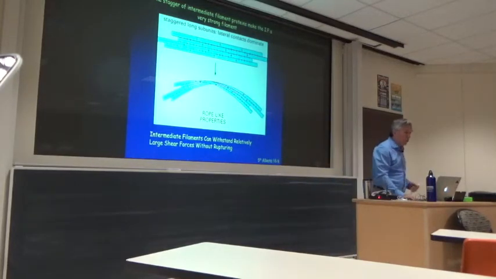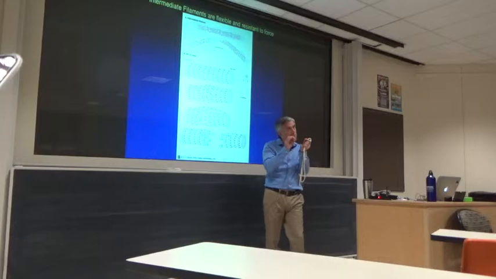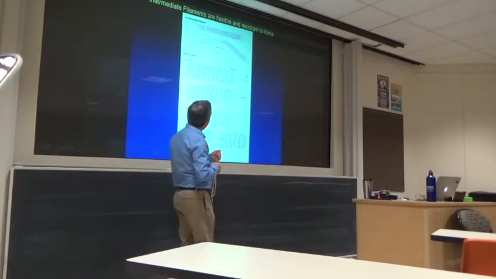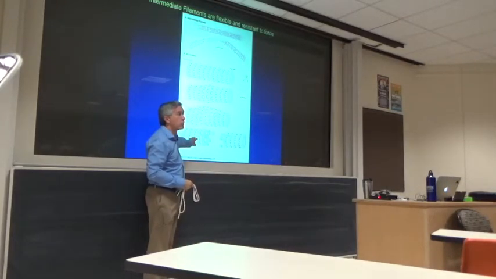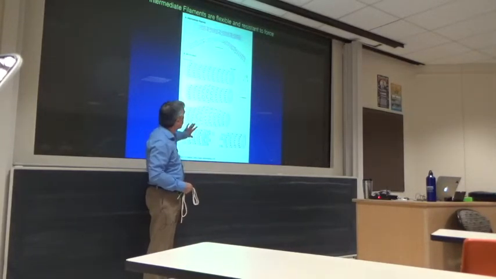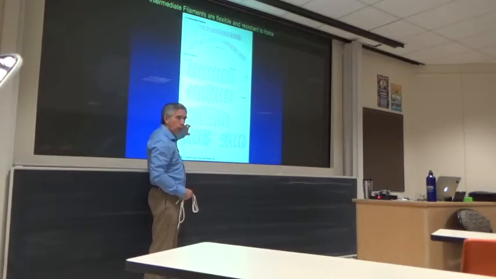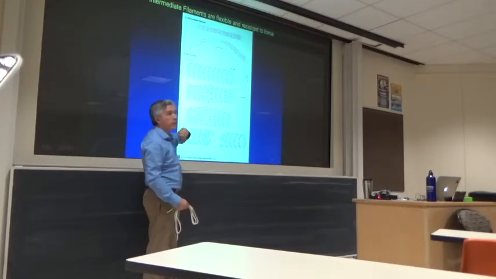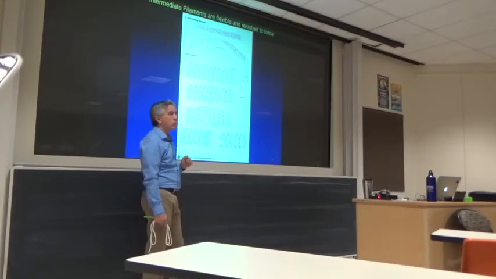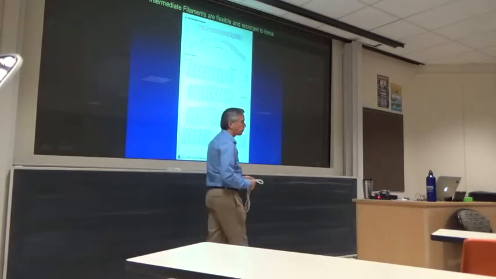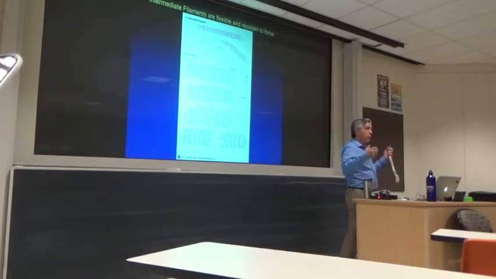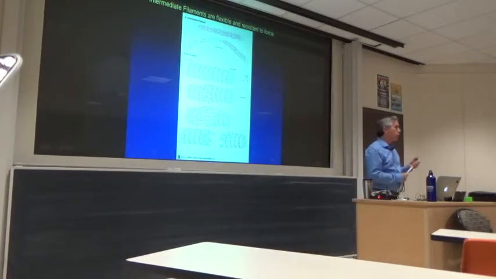That is not at all what you would see with an actin filament, which is very thin and just has 2 protofilaments. You twist it, you can easily break it apart very quickly. It's also true of microtubules. Microtubules are very brittle in that if you put any kind of torque or mechanical stress on them, they break right away. But not intermediate filaments. Intermediate filaments will withstand a lot of mechanical shear. And that is why cells use them to hold together mechanically, to withstand mechanical stress against shear.